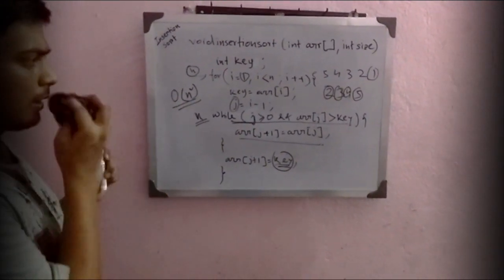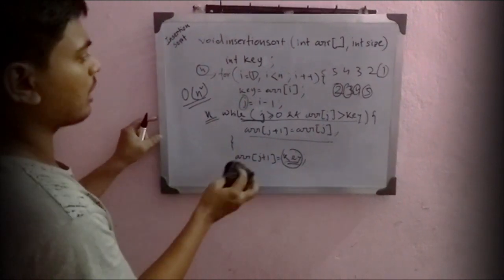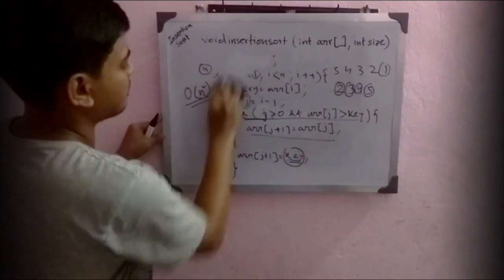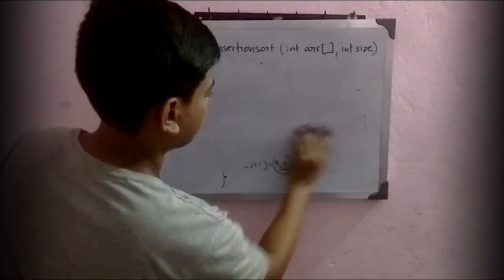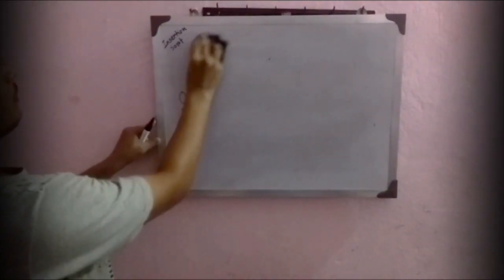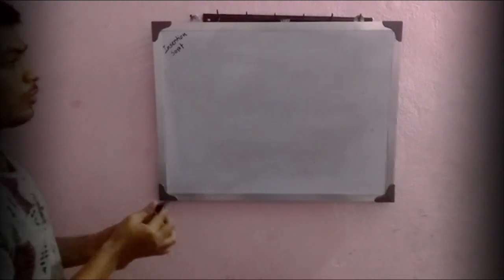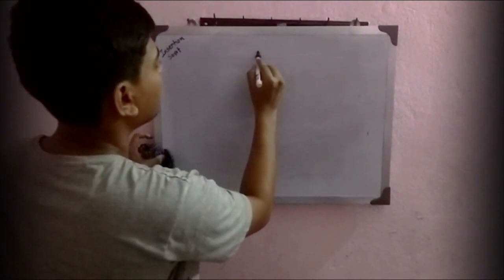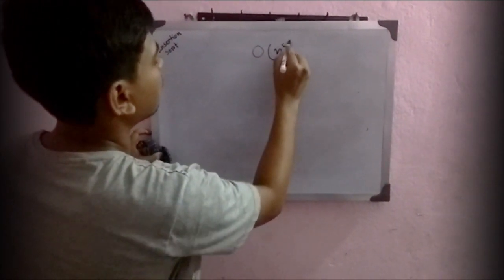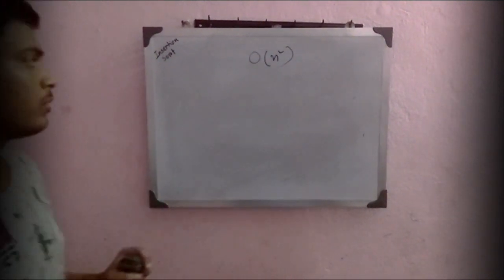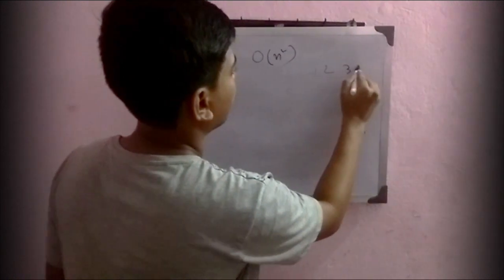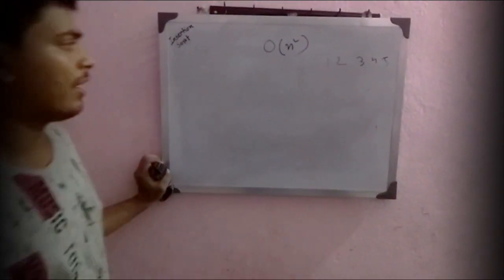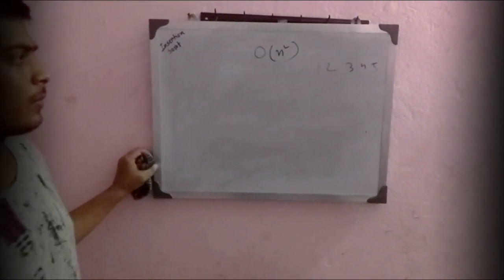Let's talk more about time complexity. I have said the time complexity of the algorithm is big O of n square. If the array is in sorted order, like 1 2 3 4 5, then we do not have to do any shift operation.